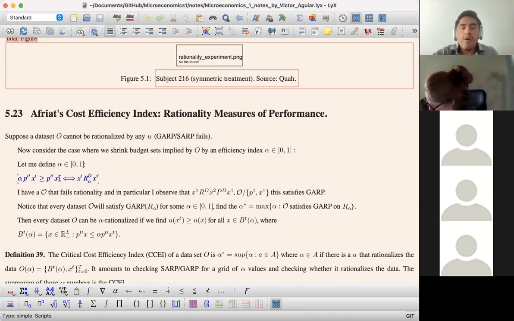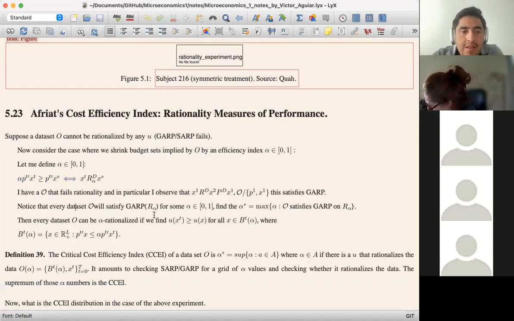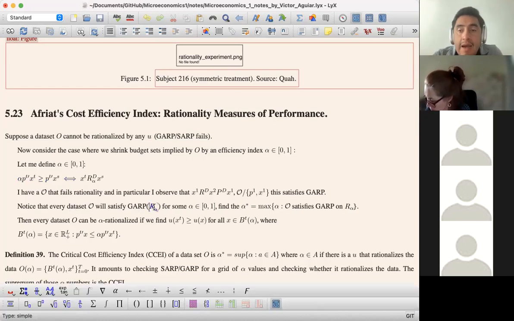Now, how do I measure the waste? So there are many possible alphas. In particular, notice that any data set that I have will satisfy GARP alpha, right? So not original GARP, but GARP for the revealed preference to the alpha, for some alpha. In particular, notice that if alpha is 0, then the revealed preference relation is always empty.